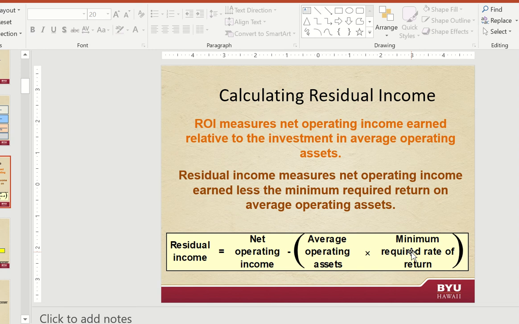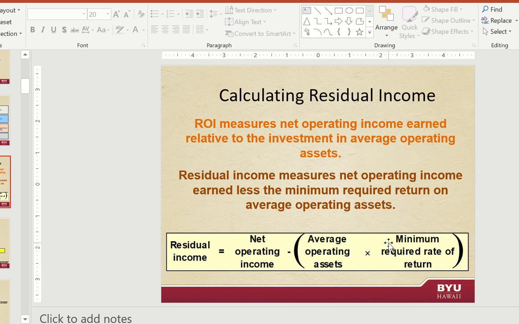So usually we have a threshold in any investing opportunity that we have a specific required rate of return. If we have taken out a loan and we have to pay back the bank at 6%, we should probably have a minimum required rate of return of greater than 6%. This is set by the company to ensure that they're getting the rate of return that they want.